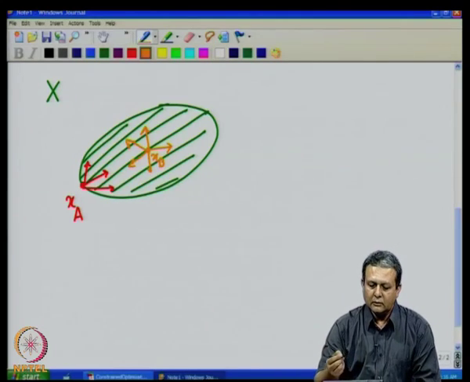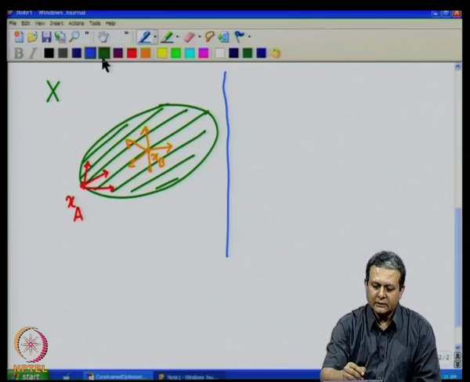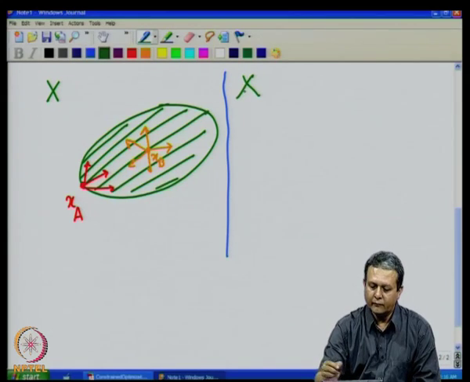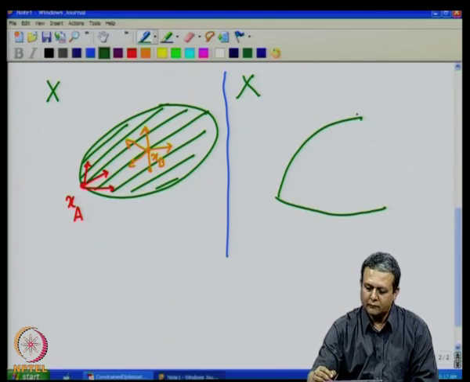Now, let us consider another example. Let us consider another X which is like this.